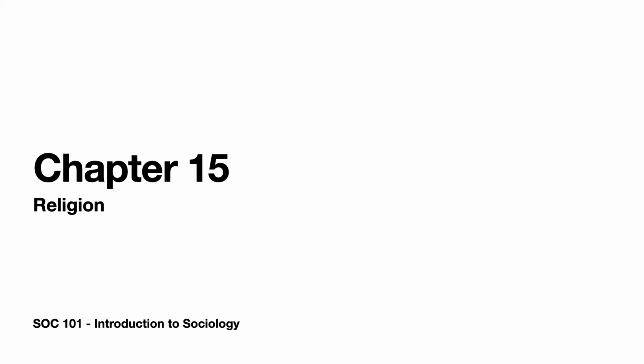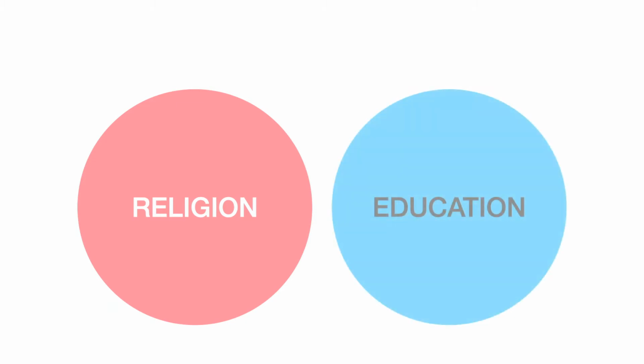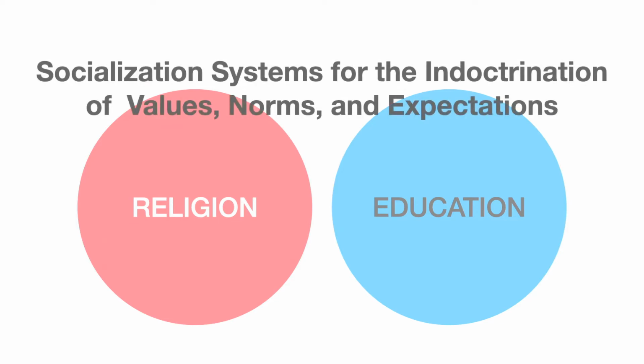So first off, to identify this relationship that exists between these two, we have religion and education here exemplified by these two circles. What we can say about both of them is that they are both socializing systems for the indoctrination of values, norms, and expectations.